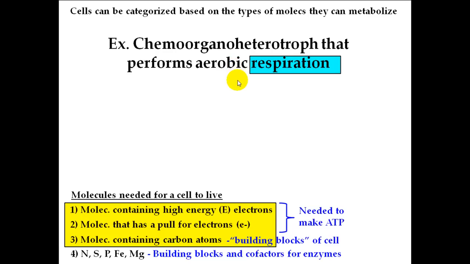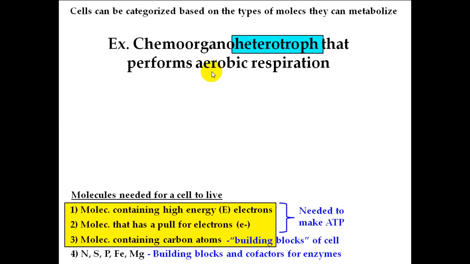And we've just learned that this term here, heterotroph, tells you that for its source of carbon, this cell uses a molecule that is organic. So this really long description is really useful because it tells you exactly what type of metabolism this cell is doing. Again, it turns out that animals, including us, happen to do this type of metabolism.